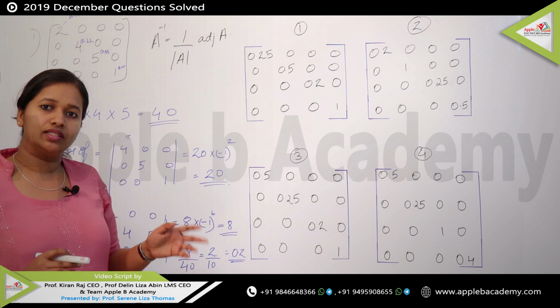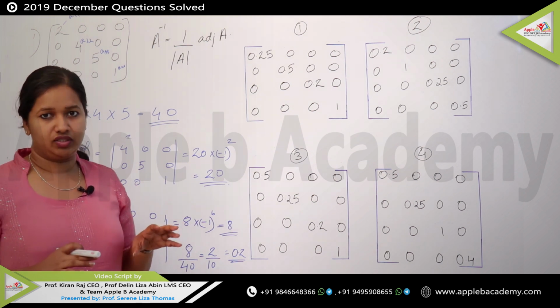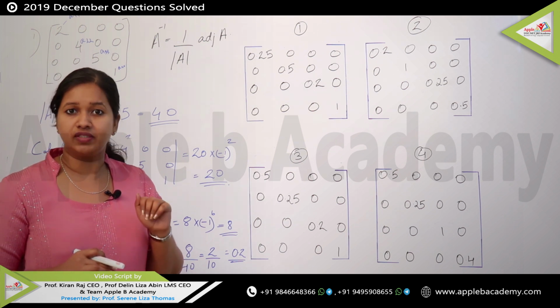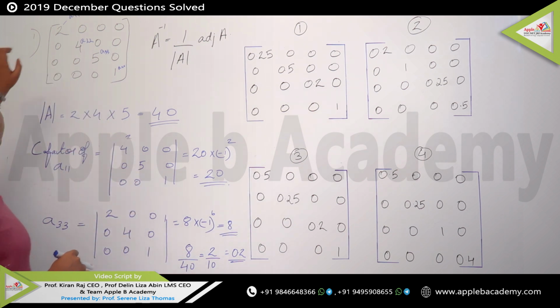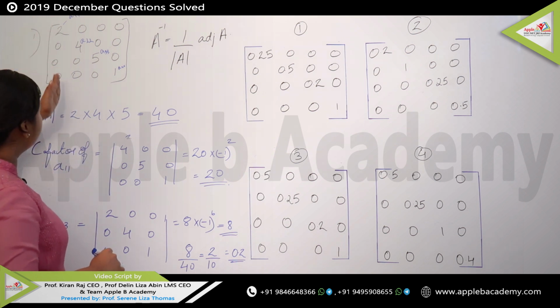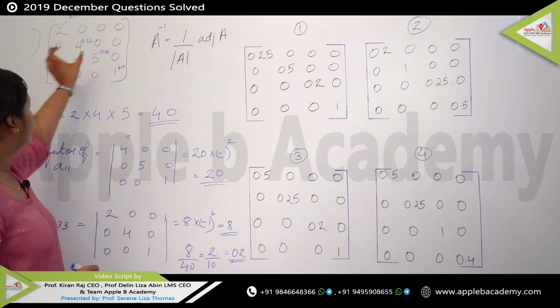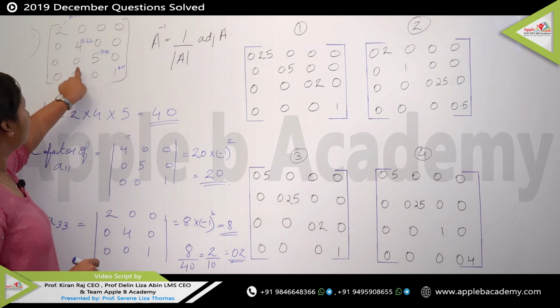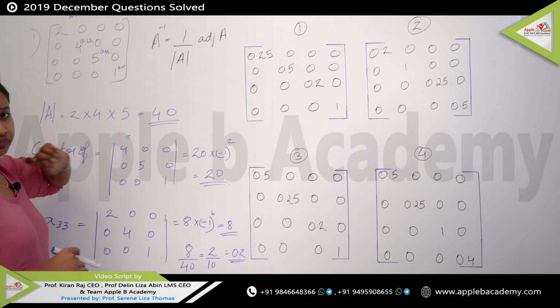Otherwise, suppose that this is not a diagonal matrix. We will see how to find the determinant of such a matrix. Taking the first element 2, cancelling out the corresponding row and column, we get a 3 into 3 matrix here: 4 0 0, 0 5 0, 0 0 1.